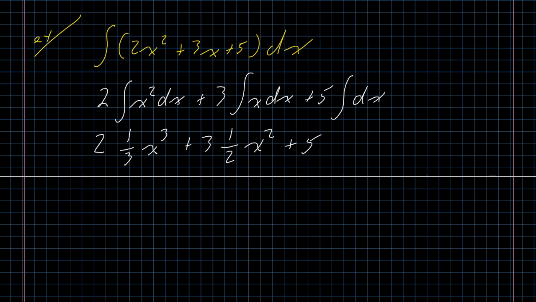To get to, well, nothing at all. Implicitly, I'm going to think about this as being x to the 0 power. So m is 0, which means that m plus 1 is 1. And using the power rule, this is 1/1 times x to the first. And then we need an arbitrary constant of integration.